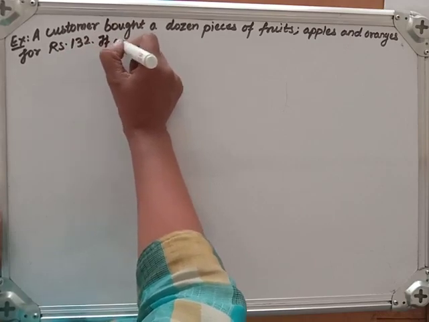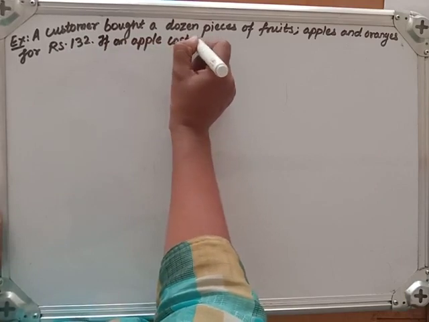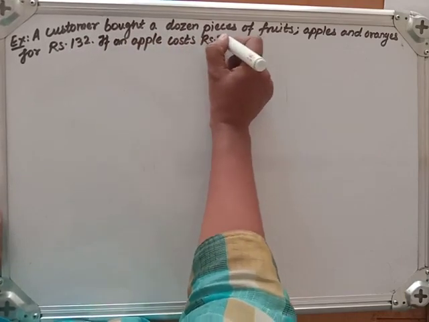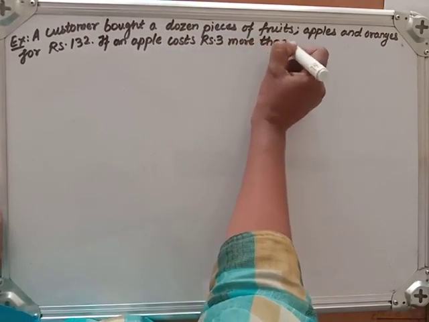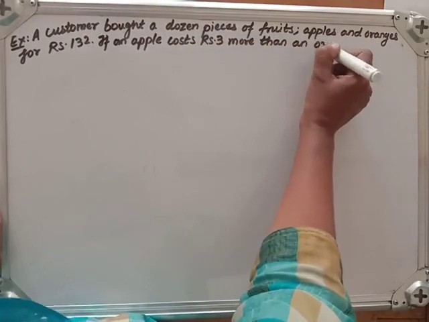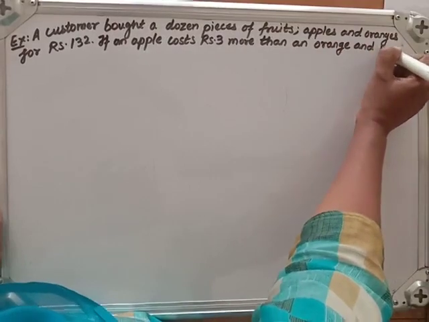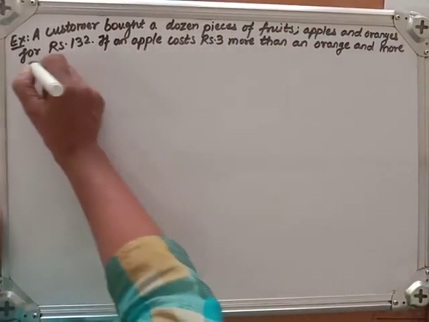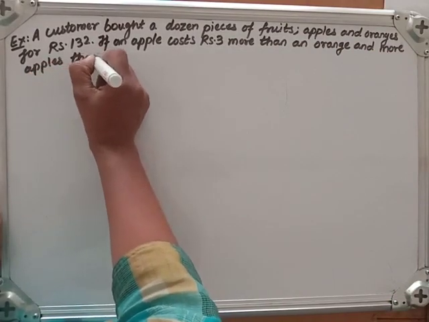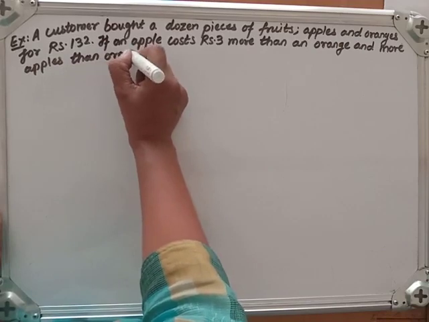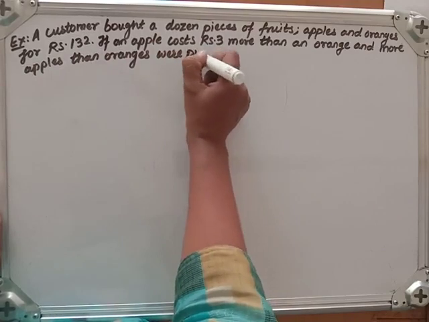If an apple costs rupees 3 more than an orange and more apples than oranges were purchased.